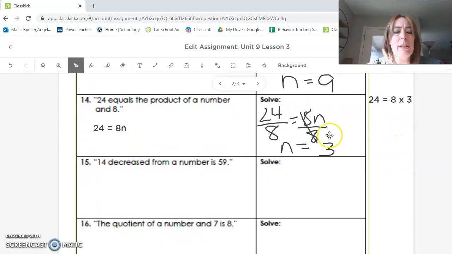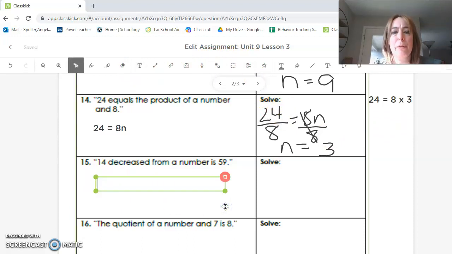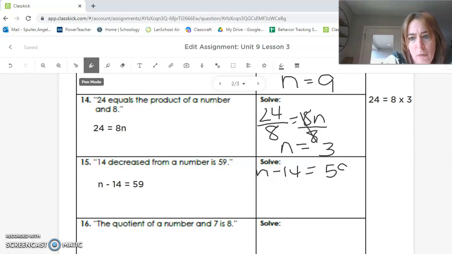All right, so 14 decreased. Okay, so I know decrease is a keyword for subtract. Decrease from a number, so I'm taking it from the number. So number has to go first, and then I take away 14 is, there's that keyword, 59. Now, to solve it, I'm going to add it on both sides.